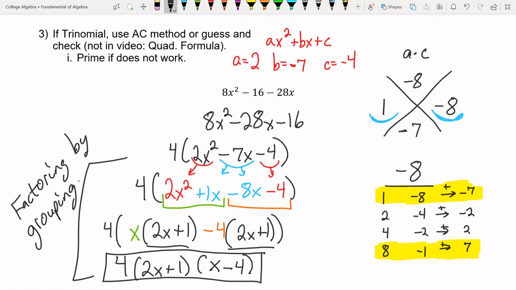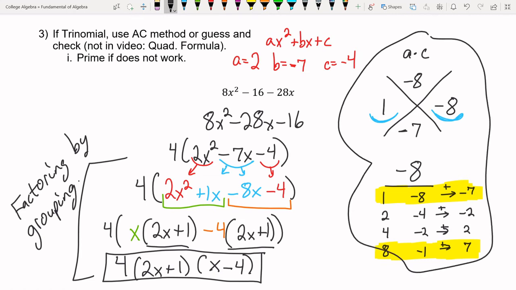But the first part of the AC method is finding those special numbers. Once you find those special numbers, factoring by grouping is a little bit more straightforward. But this whole portion here can take the longest and be the hardest work to do. But if your numbers are small, like when I took out the GCF, it's actually a lot faster.